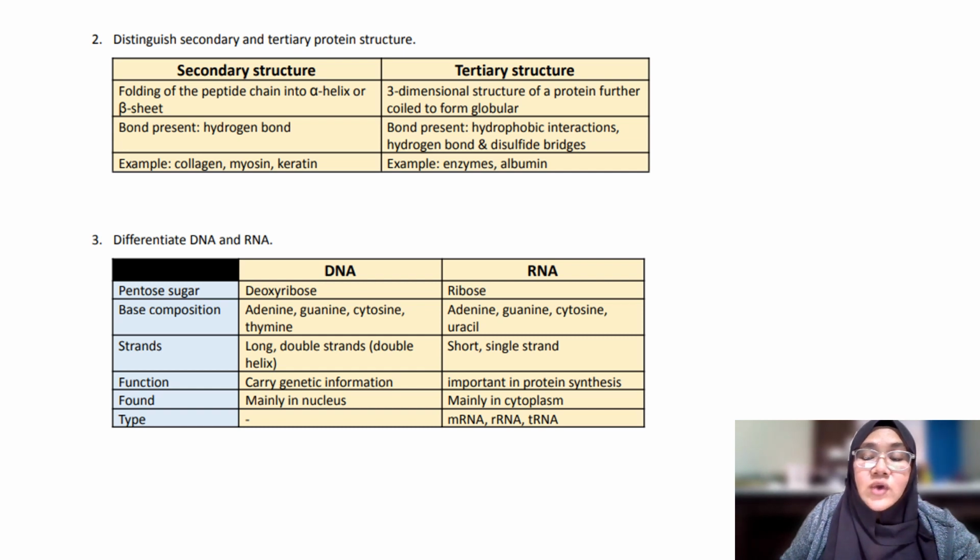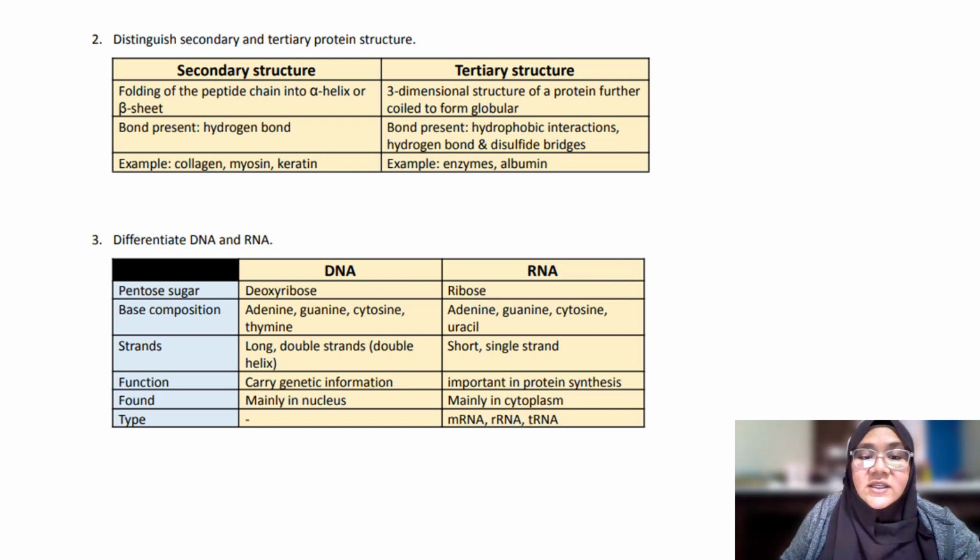Alright, next, number 2, you have to distinguish. For protein, we have primary structure, secondary, tertiary, quaternary structure, right? And usually, for your information, the structure has been described in lecture before. The structure is distinguished because of the bonds present. For primary structure, it is only polypeptide bonds among them.